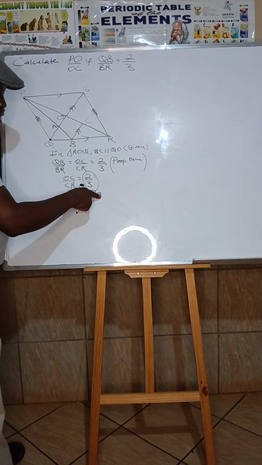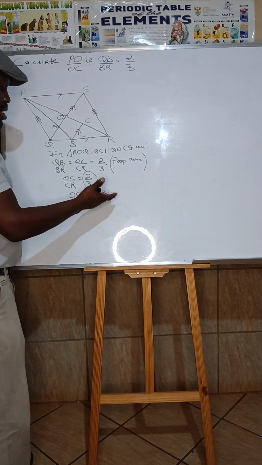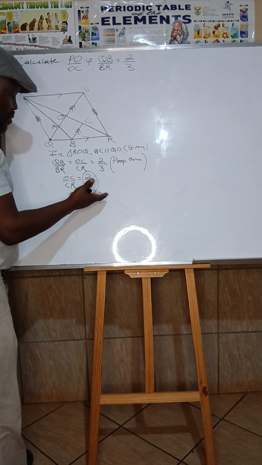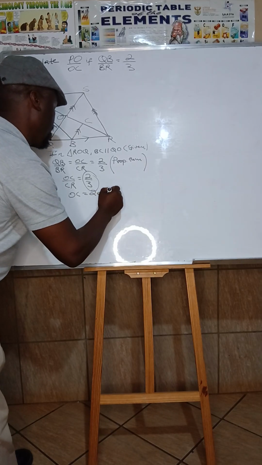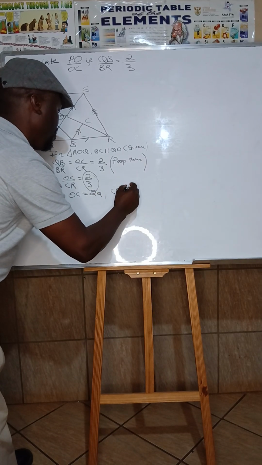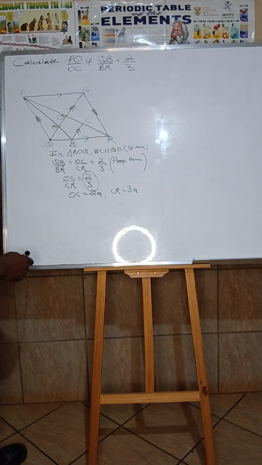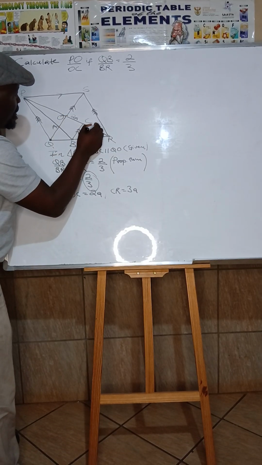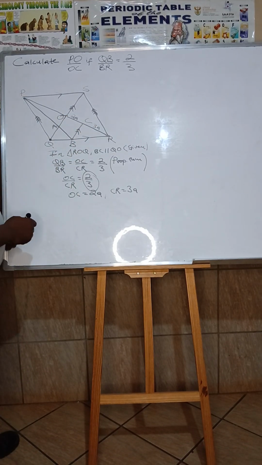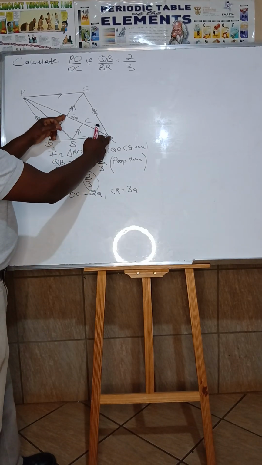I'm using A as a placeholder; you could use any other letter of the alphabet. We also have CR being equal to 3A. That's 2A, and that is 3A.